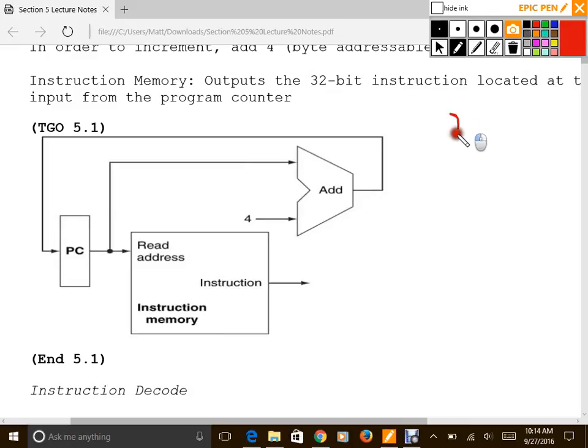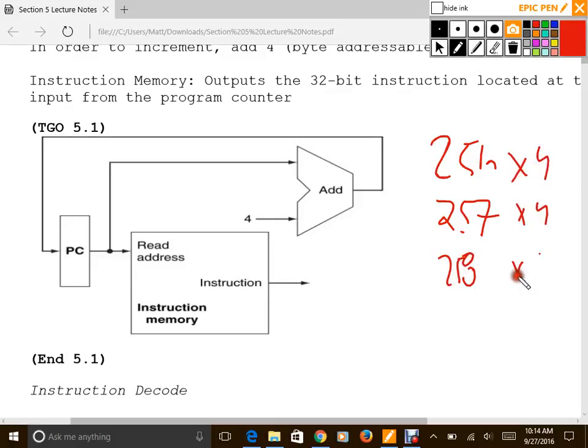So when you see 256, 257, 258, what it's seeing is times 4, times 4, times 4. So let's say I wanted to branch to 259, right, from 256. Let's say 256 was a branch equivalent instruction.